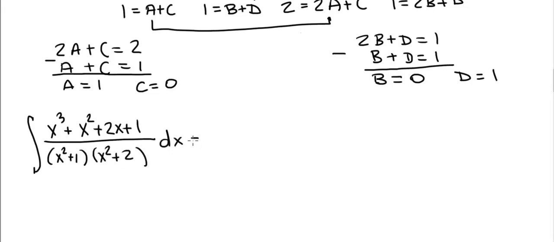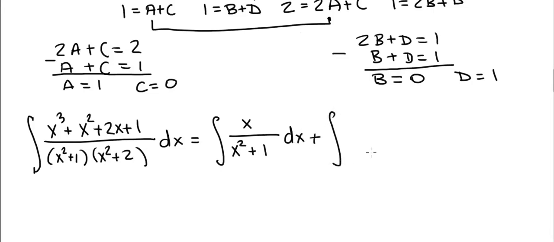It is now equal to the integral of ax plus b, so a is 1 and b is 0, so it's just x divided by x squared plus 1, plus cx plus d. c is 0, d is 1, so that's 1 divided by x squared plus 2. And the two integrals on the right are much easier to handle than the integral on the left.